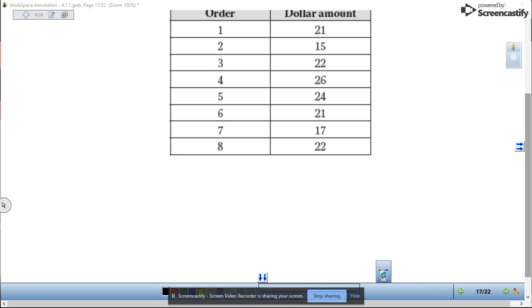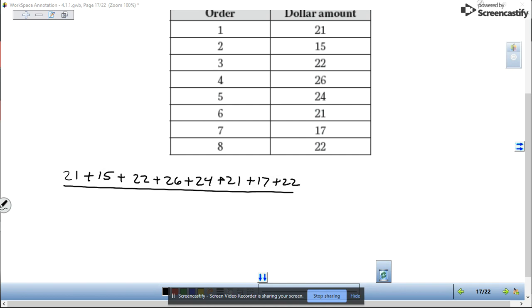So we're going to have, let's see, 21 plus 15 plus 22 plus 26 plus 24 plus 21 plus 17 plus 22. Hopefully I didn't miss any of those. And divide by 8 because there's 8 numbers, right? And when I do that, it gives me 21. Okay, so that's the mean.